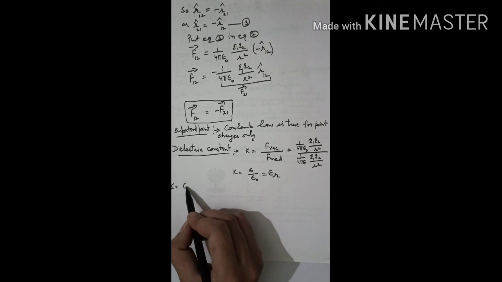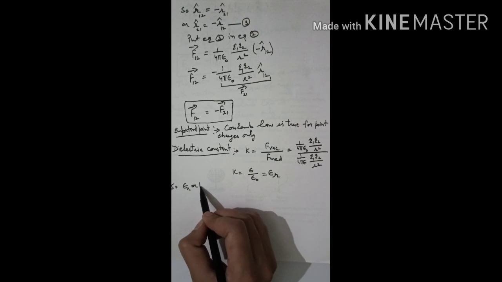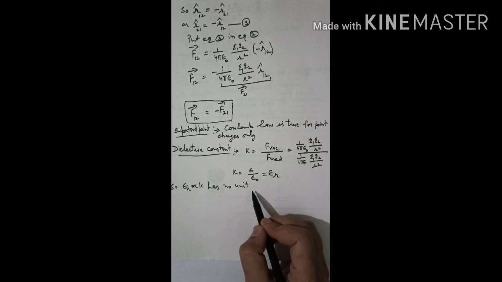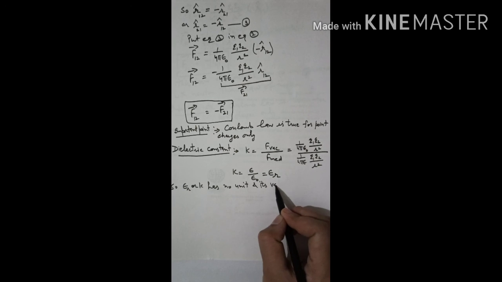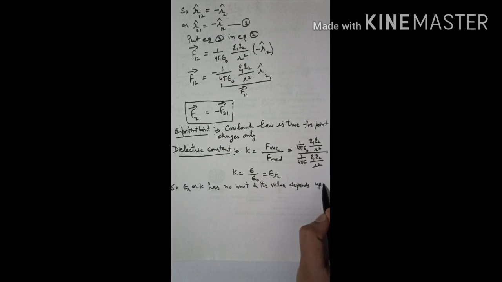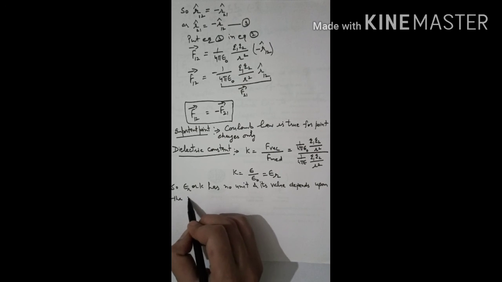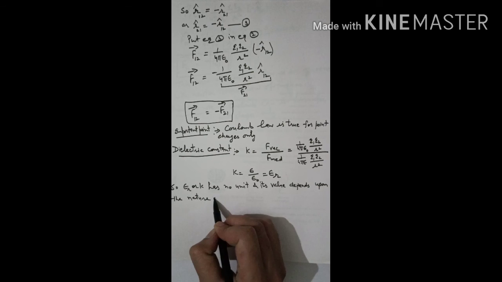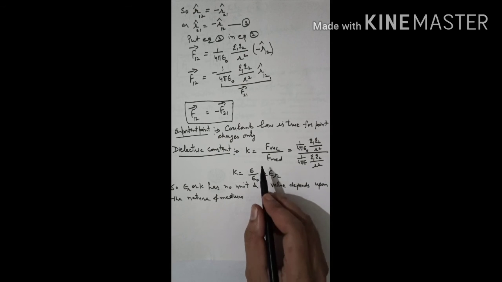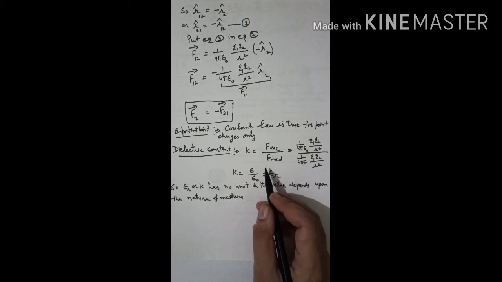So epsilon r or K has no unit, and its value depends upon the nature of the medium. The medium may be vacuum, or may be other.